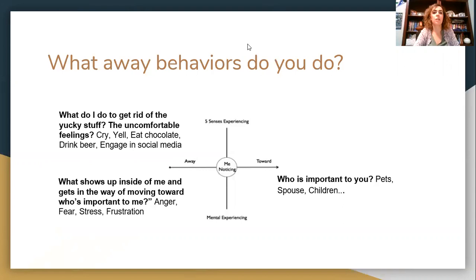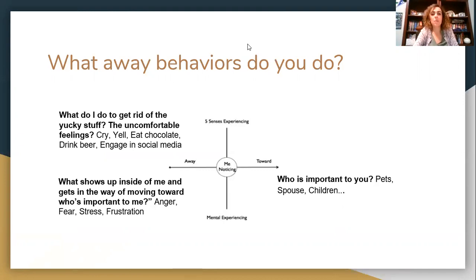You're frustrated, you yell, then you cry, doing those same things over and over again. That's when it becomes problematic. So again we want to remember who's important to us and what's important to us, and how can we get back to those values.